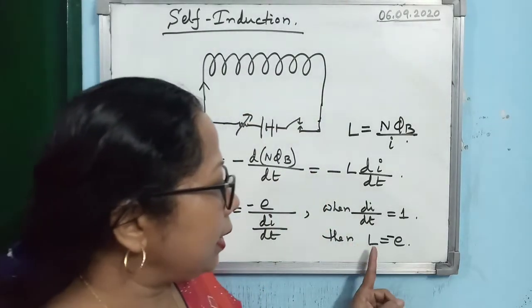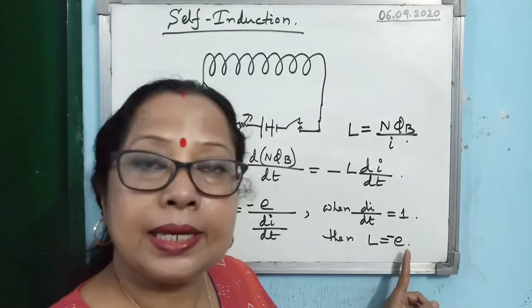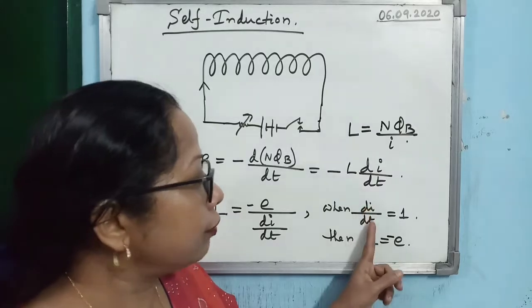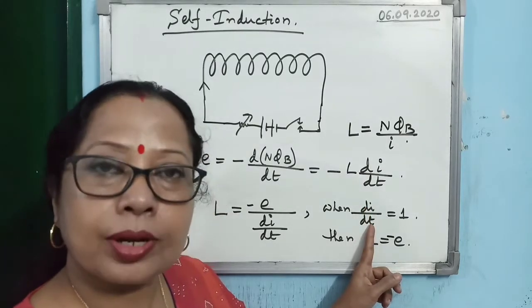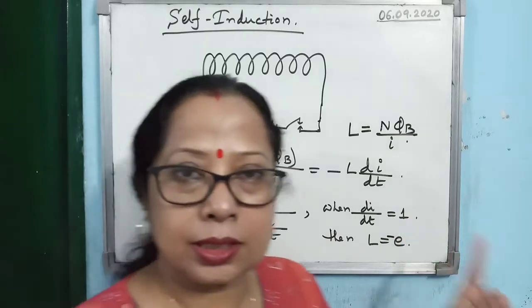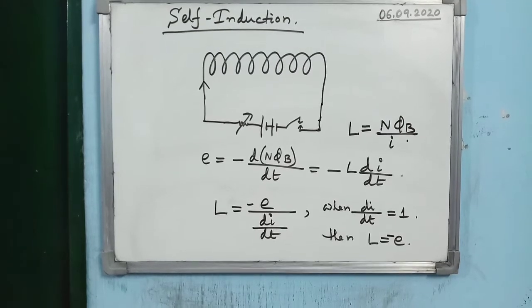I said that coefficient of self-induction is equal to the EMF induced in the coil when the rate of change of electric current passing through the coil is equal to unity. Alright, so these two definitions of coefficient of self-induction are an important point for your board exam. You must learn it.